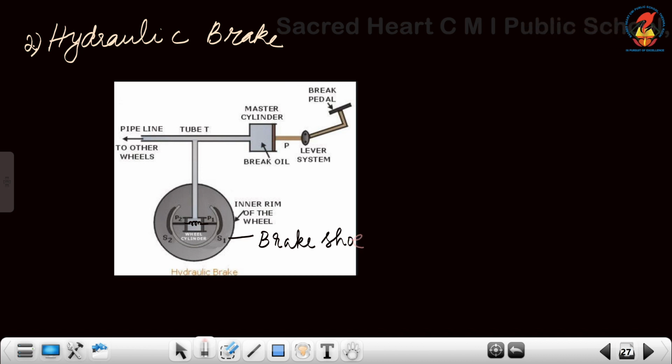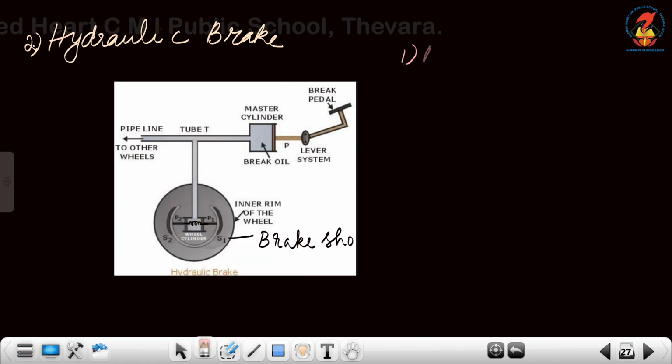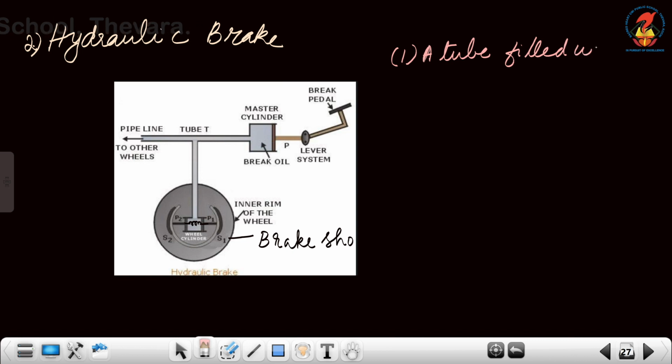So, the parts of a hydraulic brake are, first, a tube filled with oil.